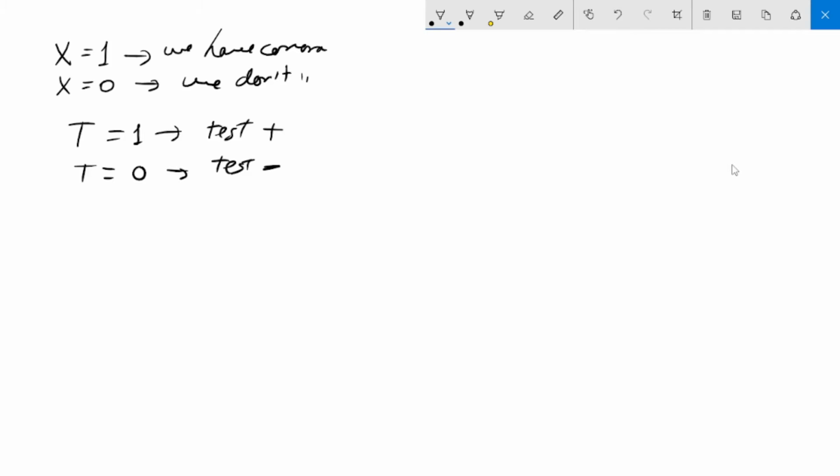Therefore, we want to see how, with all this information, we can model the probability we want to compute in our problem. We want to know the probability of x equal 1, which means that we have corona, given the fact that the test was positive.